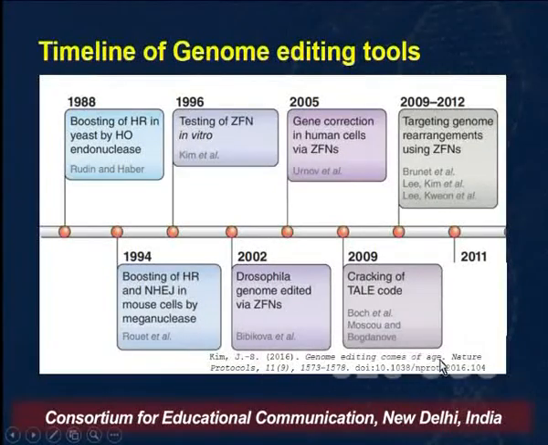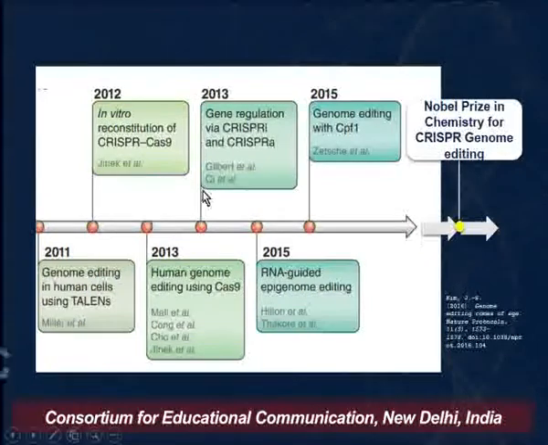so that the entire system can become more efficient. If we look at the timeline, in the 1970s homologous recombination was the only method utilized for genome editing. But subsequently, in the 1980s and 1990s, ZFNs were discovered and used to target particular sequences. Then versatility was also created in ZFNs, and further on, in 2010 and 2011, TALENs came into being and were utilized.